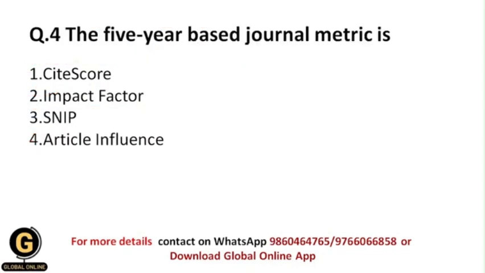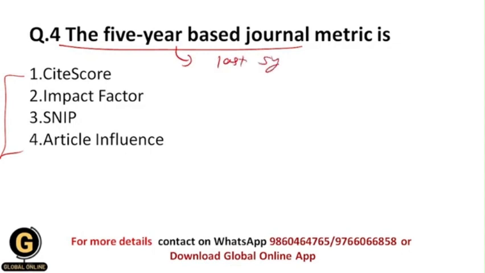The 5-year based journal metric is, now from these journal metrics, which is the 5-year based journal metric? A 5-year based journal metric means it tracks the citations of the last 5 years. Whether it is CiteScore, impact factor, SNIP, or article influence.